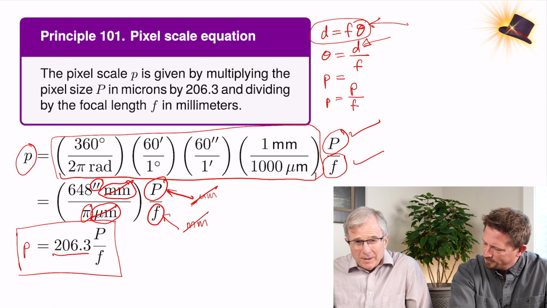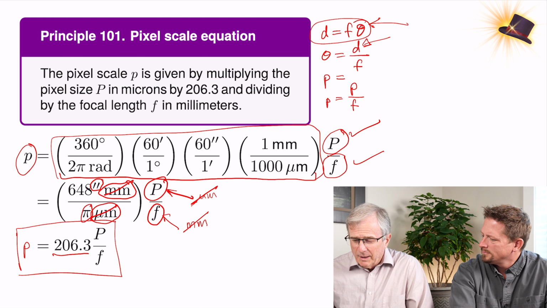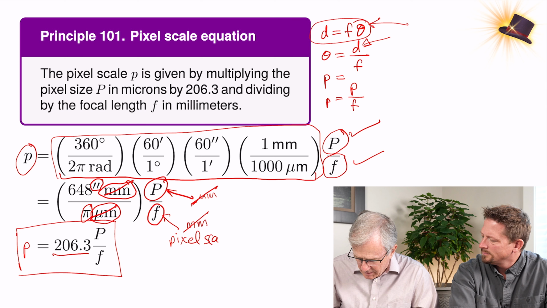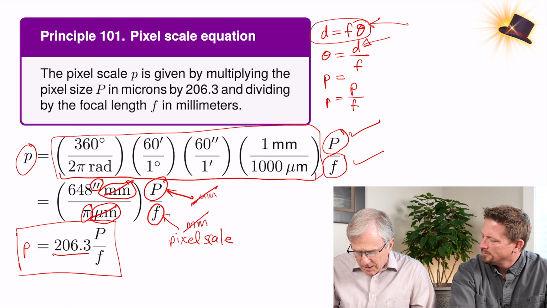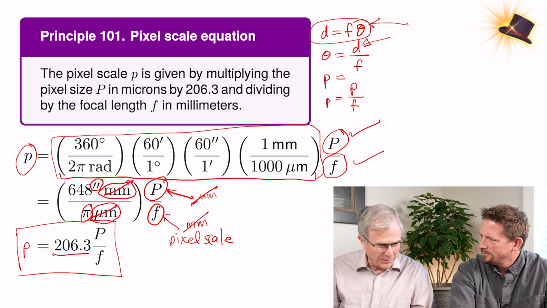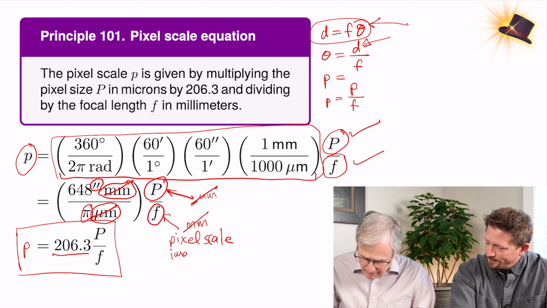When we first got started in astrophotography, I saw this equation appearing everywhere. Some people called this P the pixel scale, as we call it, S-C-A-L-E. Some people called it, confusingly, the pixel size, which is confusing with the pixel size of the sensor, the actual sensor. Some called it the image scale.